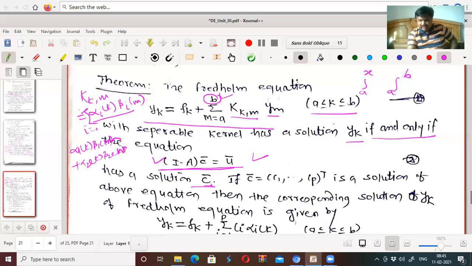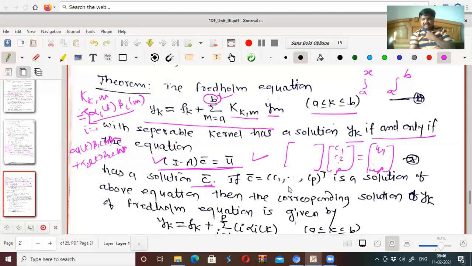You know what is meant by I minus A, it is some matrix like this, into C1, C2 up to Cp, and equal to U bar, which is like this, U1, U2 up to Up. Such type of equation we have to consider. So this equation has a solution yk if and only if such equation has a solution C bar. That is the relation between Fredholm equation and this matrix equation.